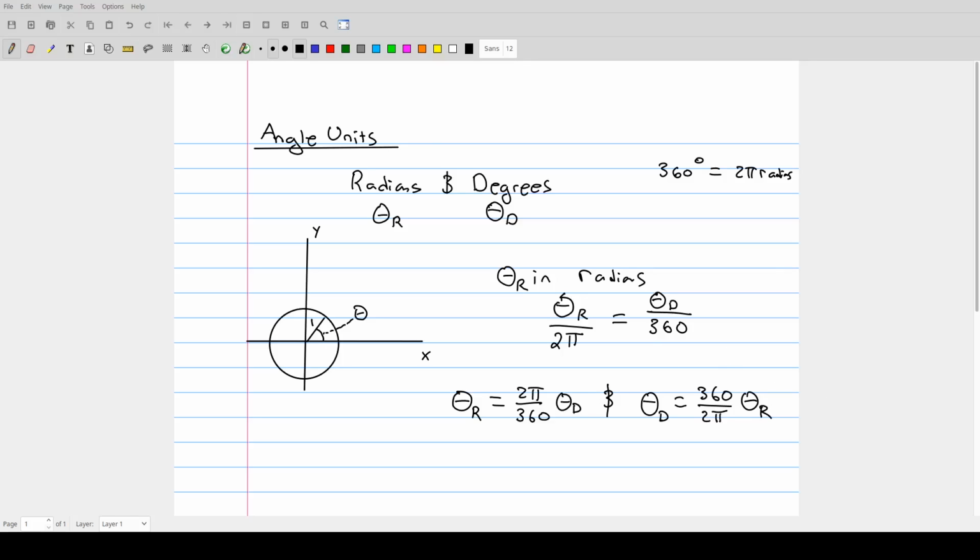That's just taking this fundamental relation that the ratios of the angles, regardless of the units you choose, have to be the same. So this is the correct way to convert angles from radians to degrees.